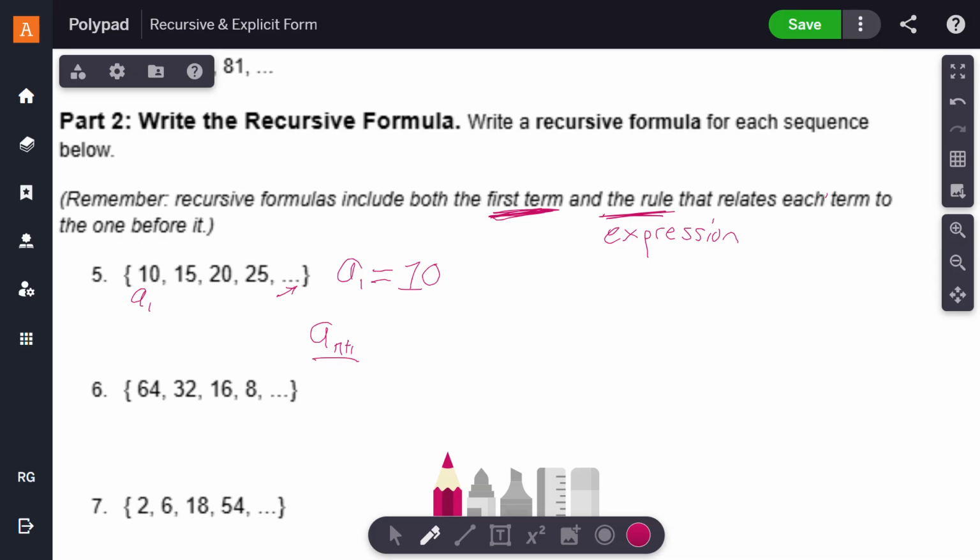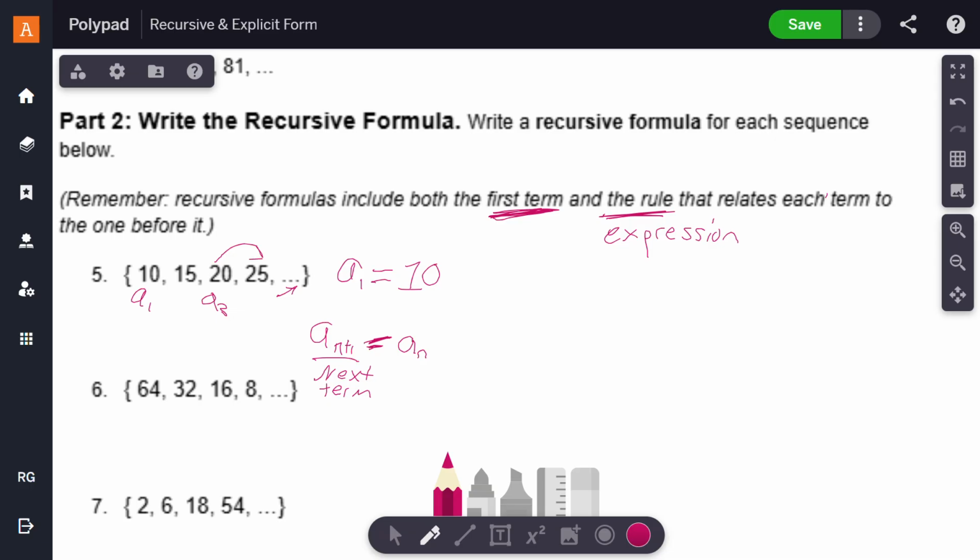So An plus 1 just simply is an expression to represent the next term. So our An plus 1, the formula to find our next term, is whatever term that we are referring to, whether it be A1 or it could even be A3, to get to the next term, right, what are we doing there?